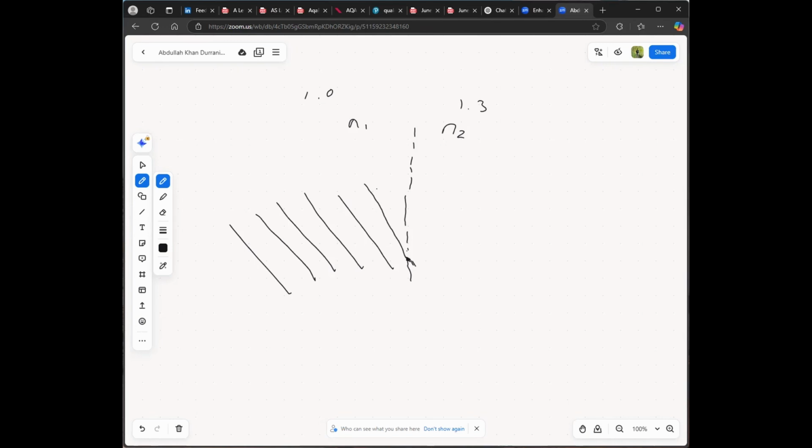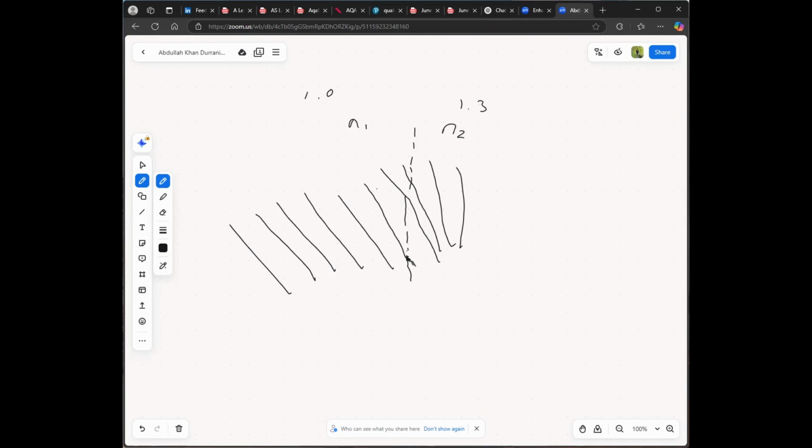So when this light passes in, it will kind of start to make this kind of pattern. Basically, it tilts itself because this point enters the other medium, the optically dense medium, first.